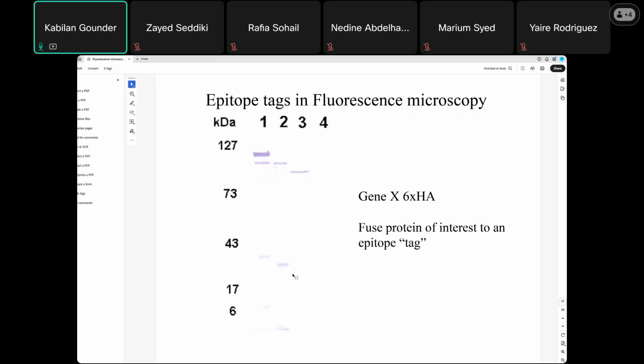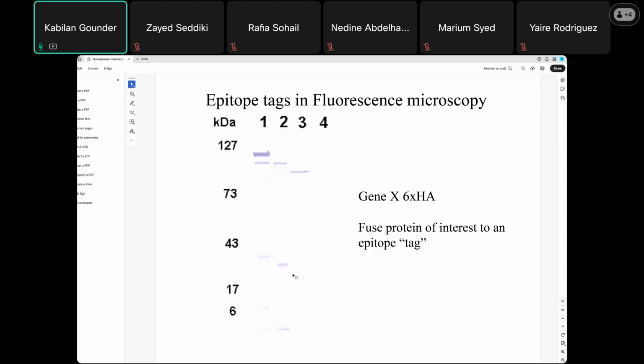So if you tag the protein when you clone, this is a protein called AAE protein, which is expressed in Aggregatibacter actinomycetemcomitans bacteria. It's an outer membrane protein, so we wanted to study the AAE protein.